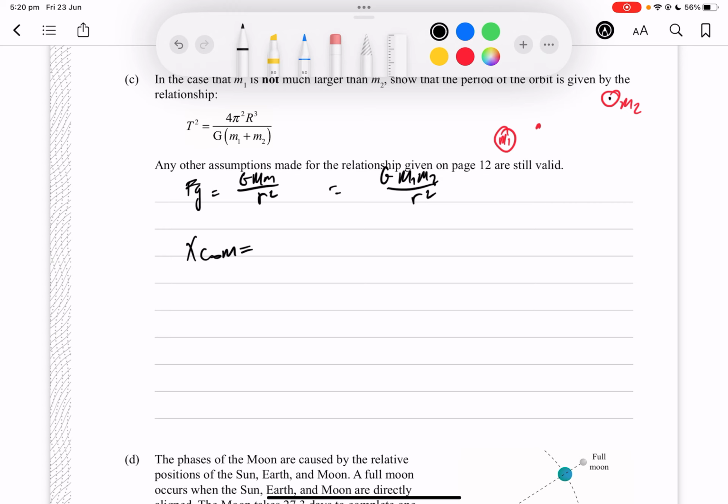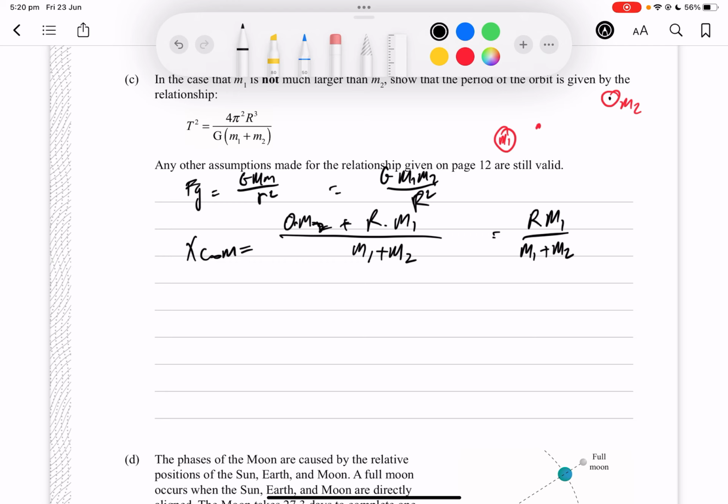So this will be 0 times m2 plus R, this is capital R, times m1, over m1 plus m2. This is equal to R m1 over m1 plus m2.